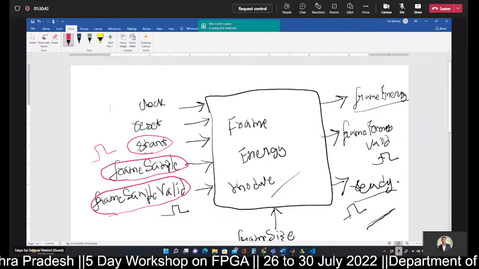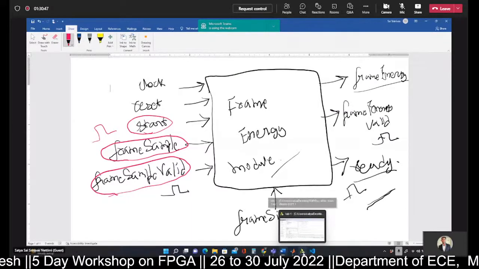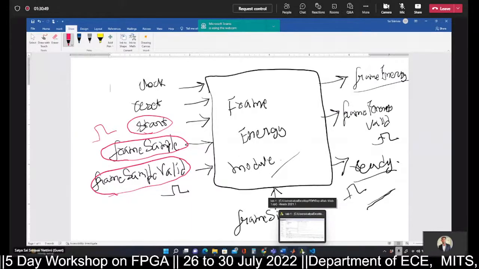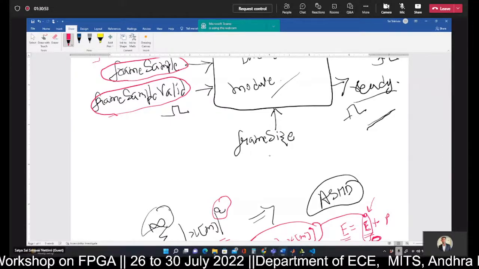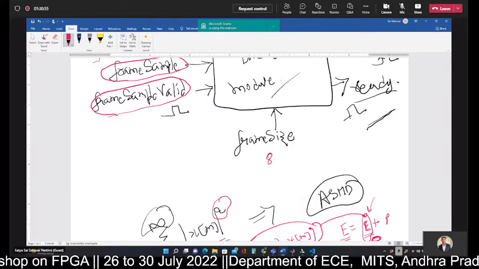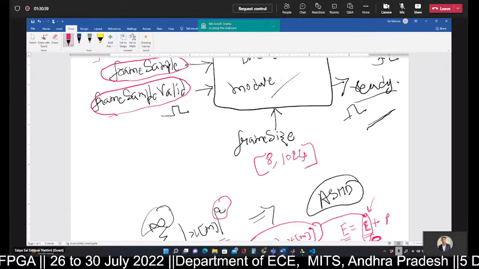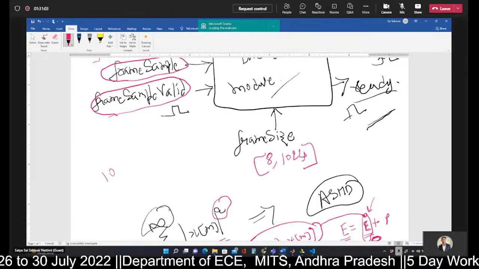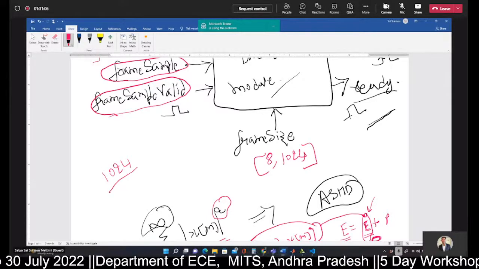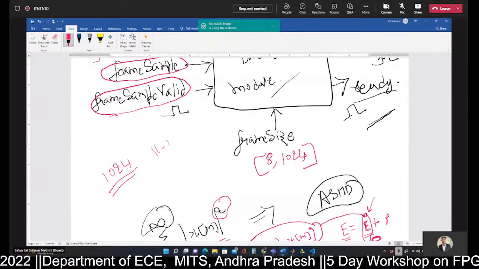Next we have to do the frame size input. As I mentioned earlier, as per our specifications, the frame size needs to be in the range 8 to 1024. The maximum frame size allowed is 1024. To represent 1024, we require 11 bits.